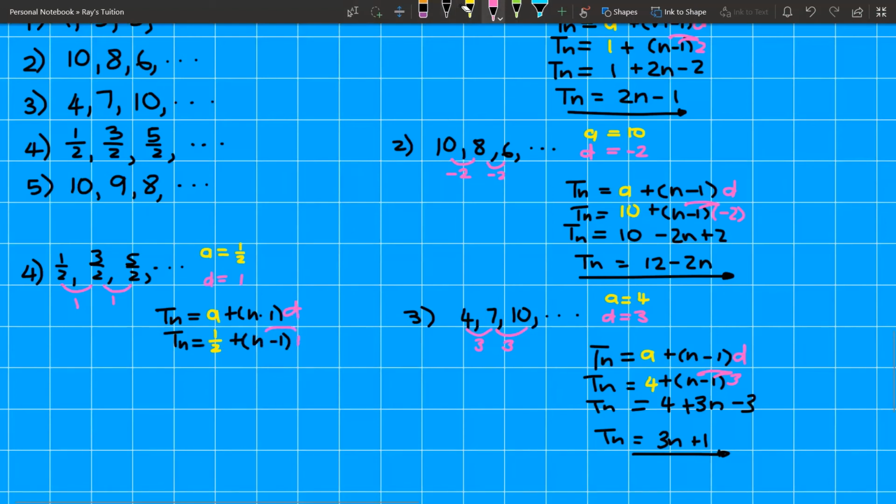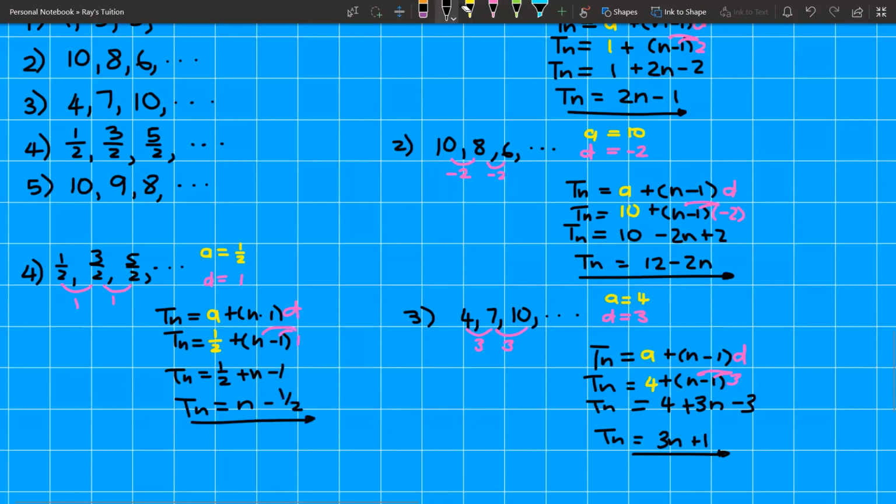We distribute. So then Tn is equal to a half plus n minus 1. And if we simplify that, it is just n minus a half.